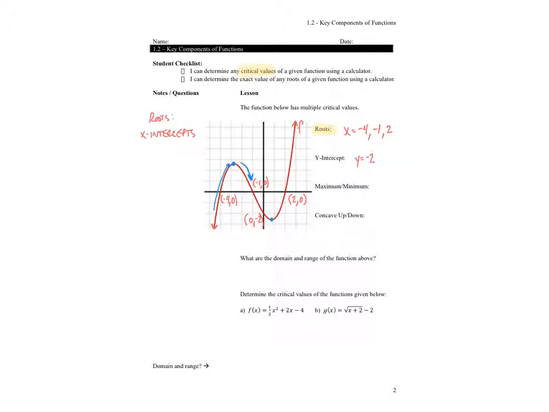So let's take a second and define local maximum and absolute maximum as well as minimum. All right, so we have local extrema, which just refers to extreme values, maximums and minimums, and we have absolute.